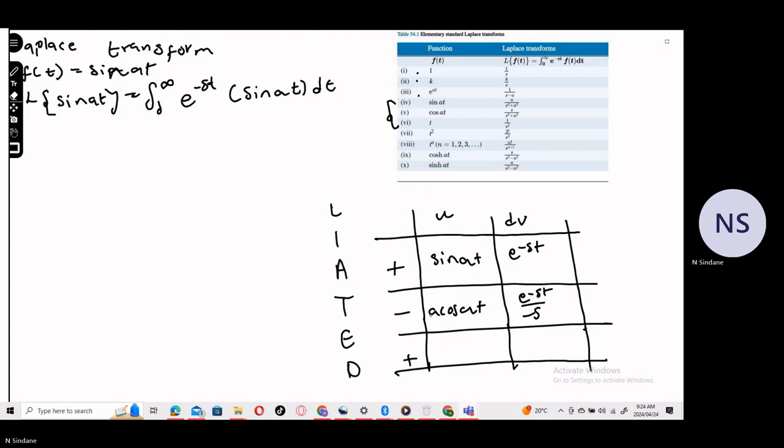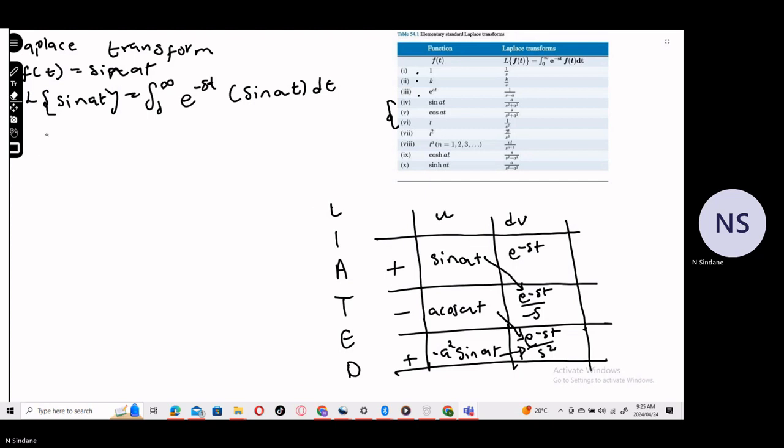When I differentiate a cos of at, it will give me negative a squared sine of at, right? This will give me e to the power minus st over s squared, right? After that, I'm going to multiply this and that, this and that, this and that, because it doesn't give me a 0 at the end, so I need to continue with it.